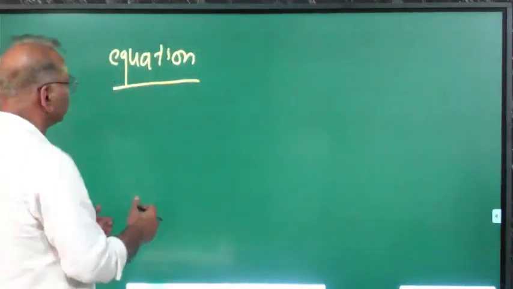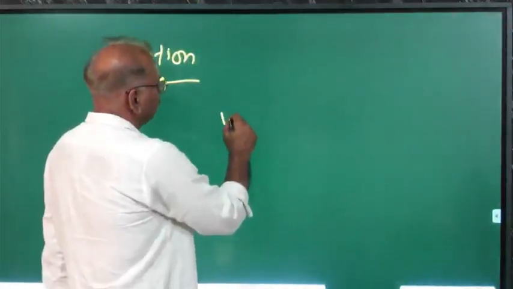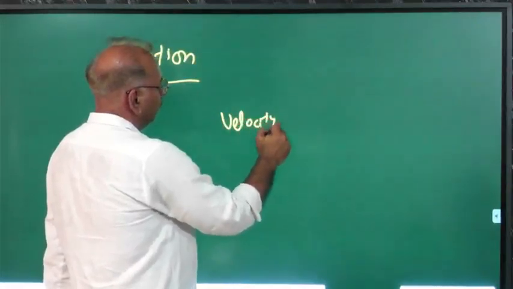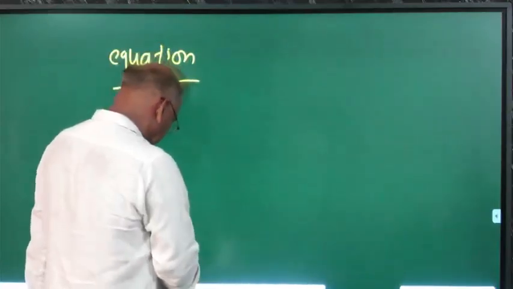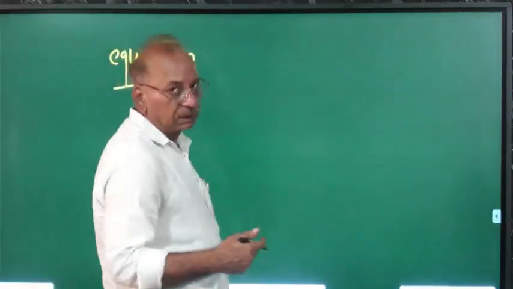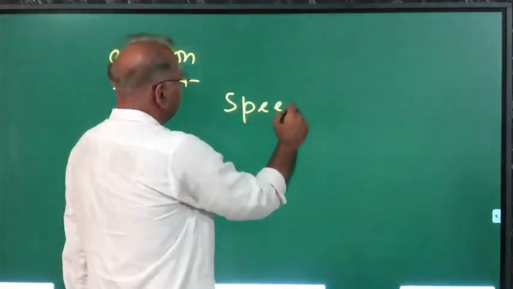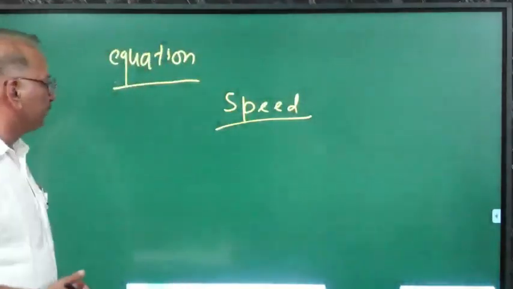So equation means to equate. Like speed; it is a little bit confusing if we use velocity, it will create confusion, so say speed. Speed is a very simple thing. We are all familiar with speed.